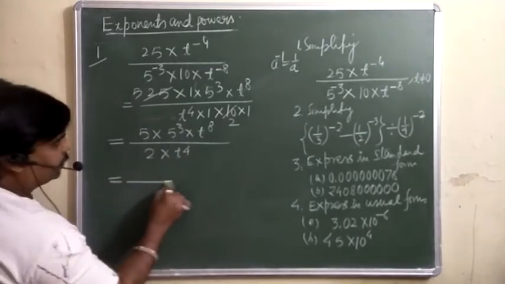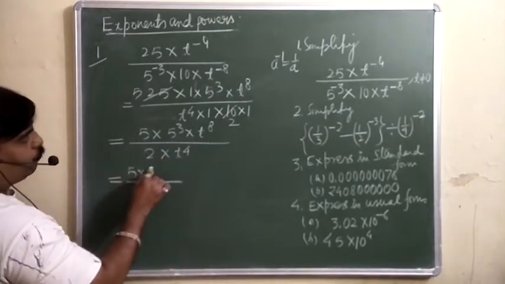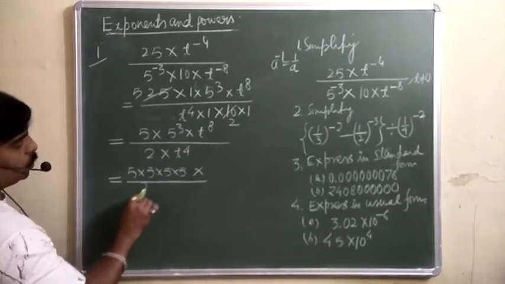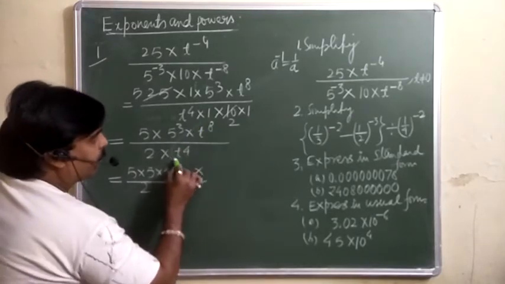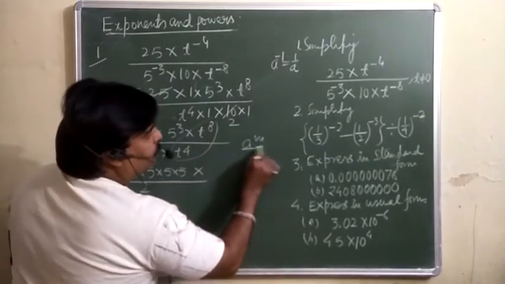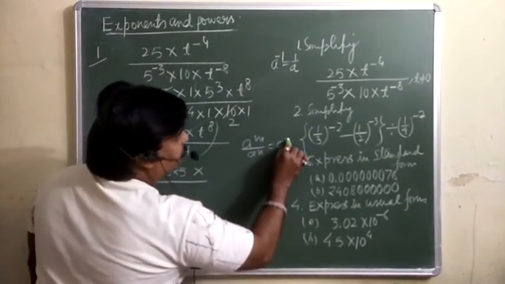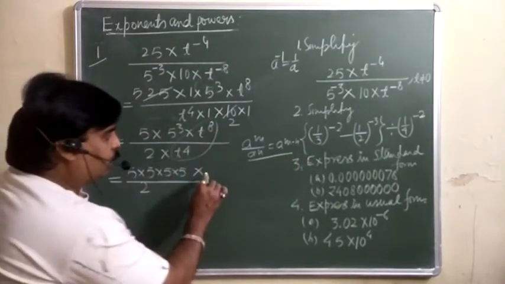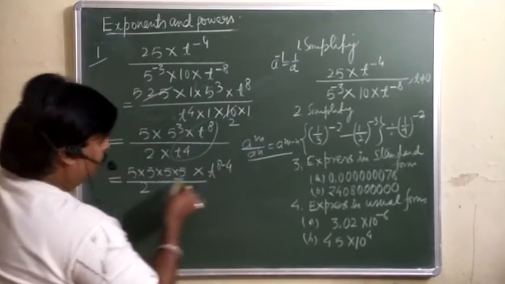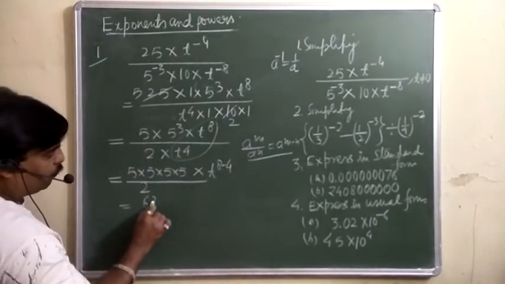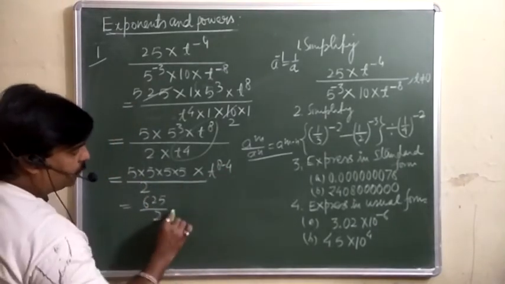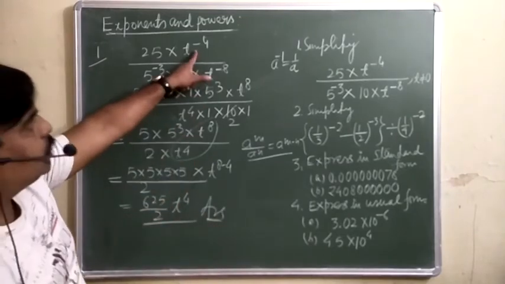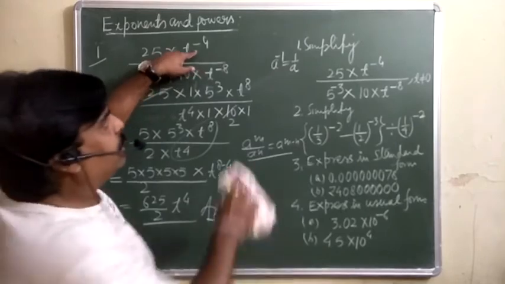So this can be written as 5 into 5 into 5, 3 times, into this is 2, and here you can apply a raised to power m over a raised to power n, m minus n. तो ये हो जाएगा t raised to power 8 minus 4. इसको मल्टीप्लाई करेंगे तो this is 625 over 2 and this is t raised to power 4, and this is your simplified. सिंपली क्या करना है.